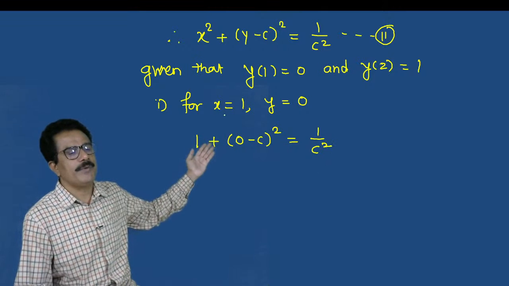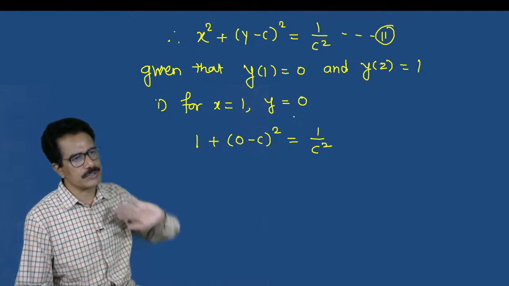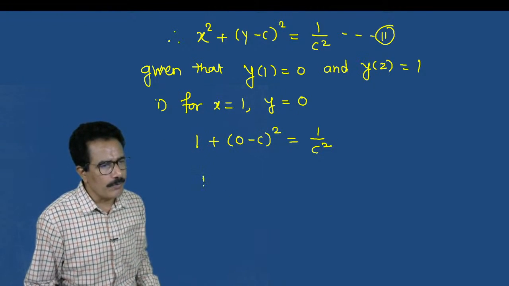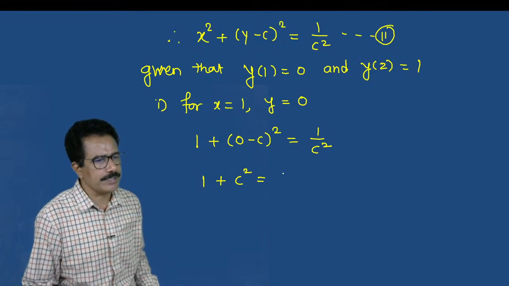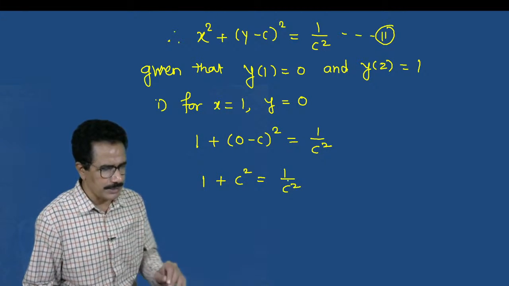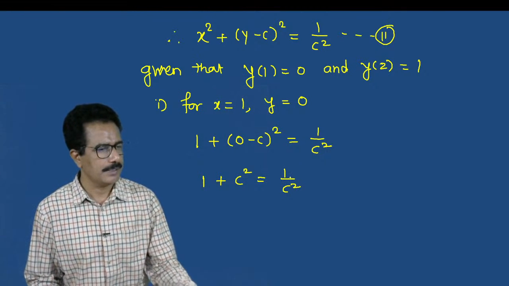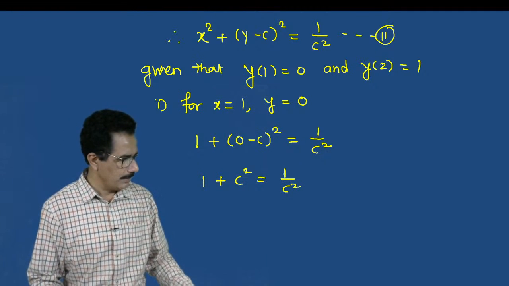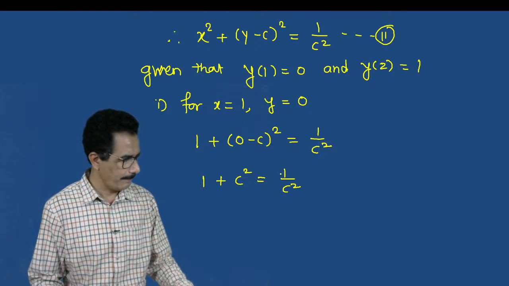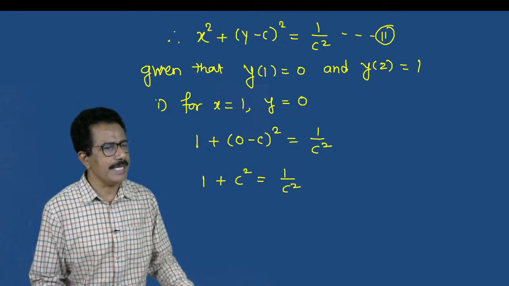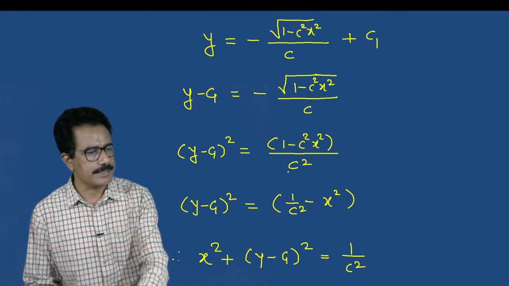For x is equals to 1, y is equals to 0, so 1 plus C square is equals to 1 upon C square. Is it okay? This is C1, I think this is a C1.